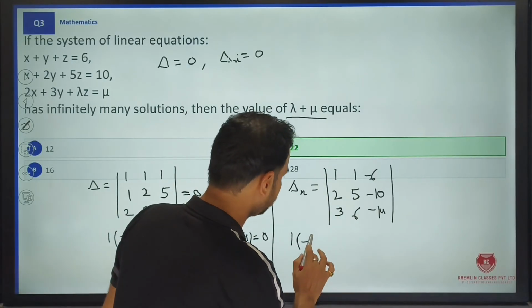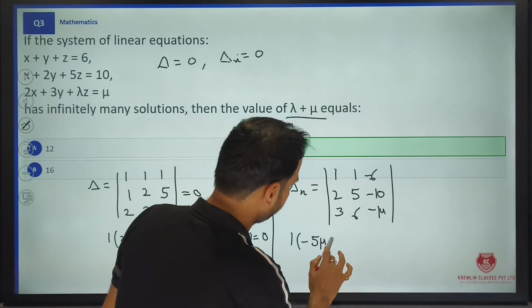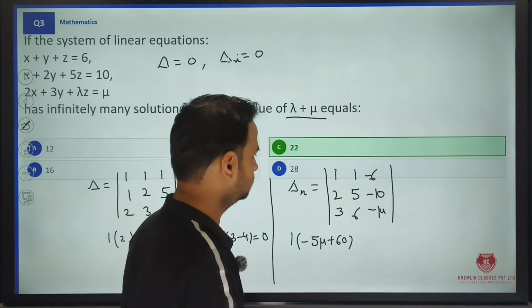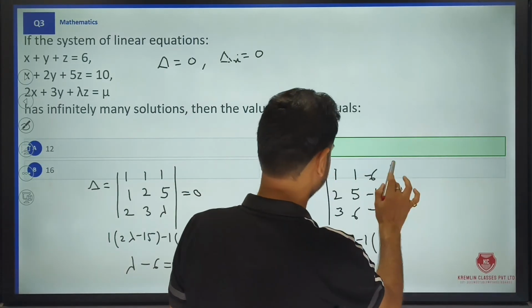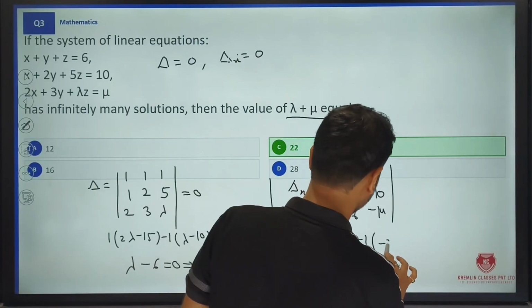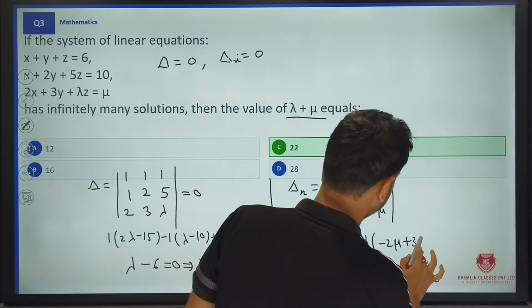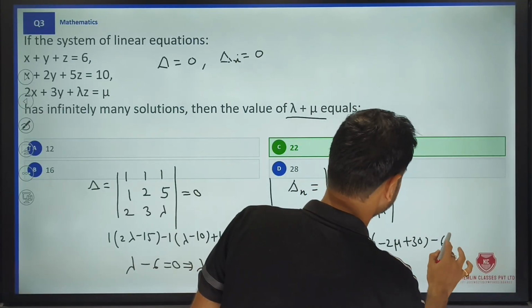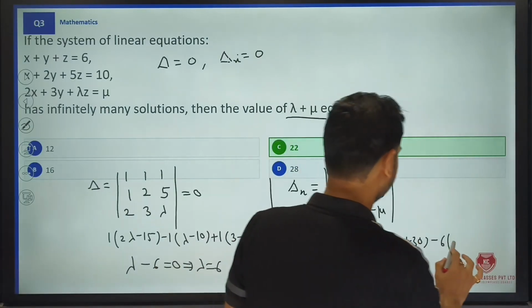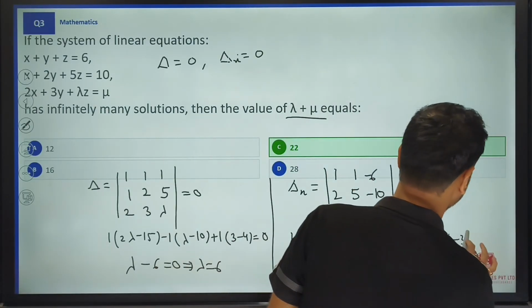Students, 5 minus 5 nu plus 60, minus 1, minus 2 nu plus 30, minus 6, 12 minus 15 minus 3.